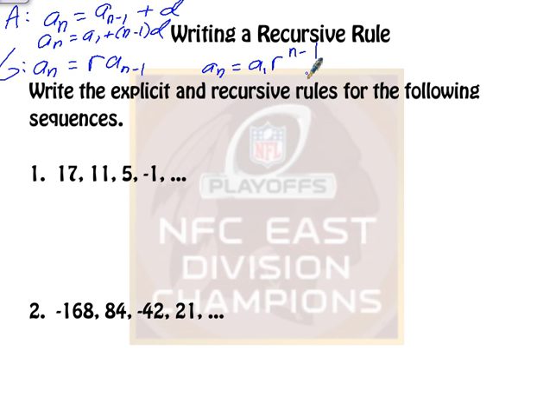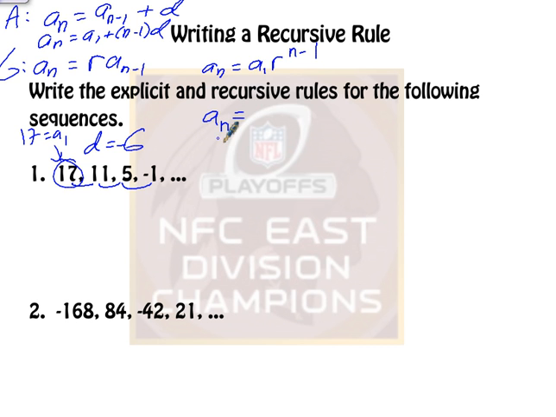So it asks for both of those. The first thing we have to do is determine if it's arithmetic or geometric. We can do that by looking to see if we have a common difference or a common ratio. So the first thing I'm going to check for is the common difference. Here it's pretty clear that I'm subtracting 6, subtracting 6, subtracting 6. So I know D is negative 6, A1 is 17. Alright, so I'll first get the explicit rule, since that's what we're familiar with.